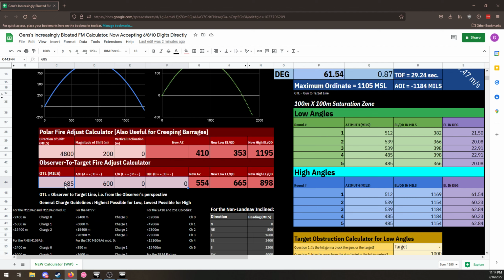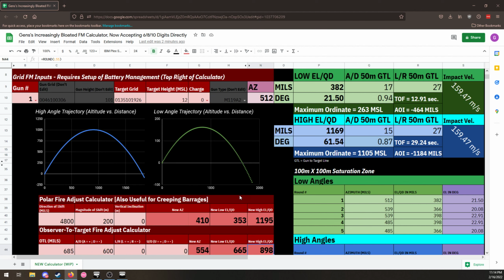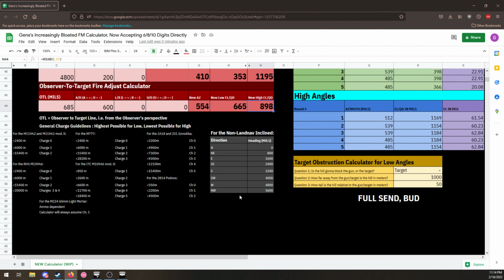Observer to target means that the observer gives you his azimuth to the target, his heading to the target in mils, and he will tell you relative to his view on the target to add or drop however many meters from his position, go left or right however many meters relative to his position, and go up or down however many meters relative to his position. And it'll give you a new azimuth and a new elevation, both low and high angle. And that's really all there is to it.